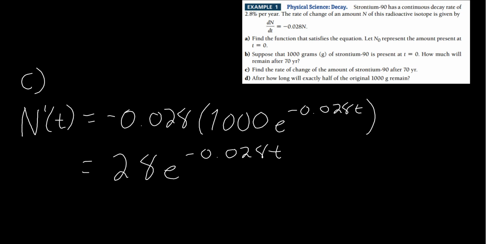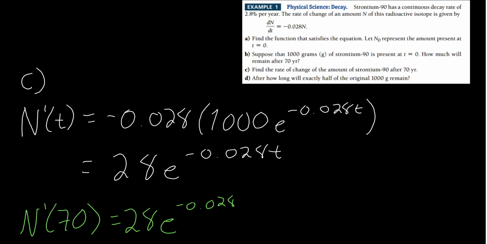So all I have to do is plug in 70 for t. So I'll say n prime of 70. And that's equal to 28 e to the negative 0.028 times 70, and more calculator work.